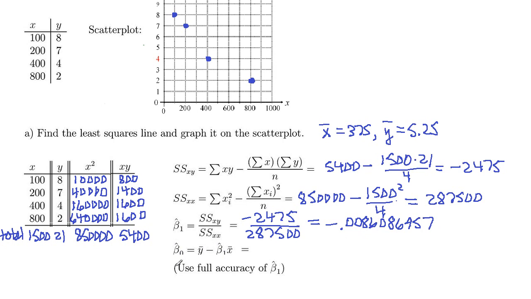So now our beta 0 hat, we're going to take the y bar, 5.25, minus our beta 1 hat right here, slope, negative 0.0086957, and then times our x bar, which is the 375. So let's go ahead and compute that.